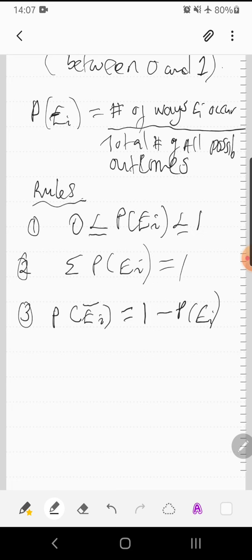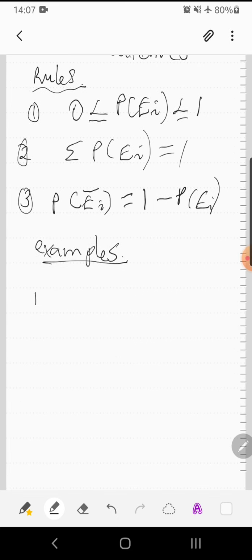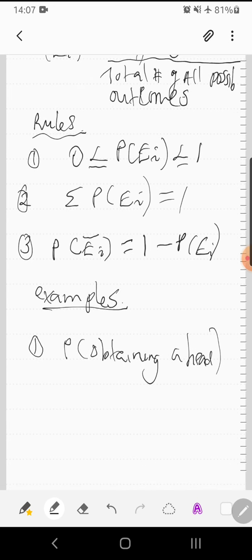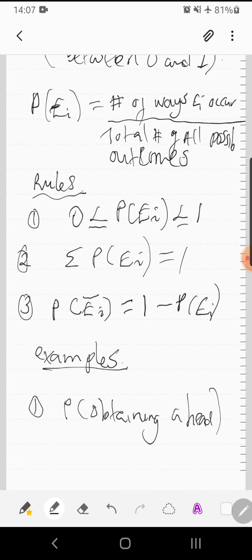Okay, so let's just have some examples. The probability of obtaining a head when a coin is tossed. So here we are saying that the probability is just given by the number of ways that that event can occur over all the possible outcomes.